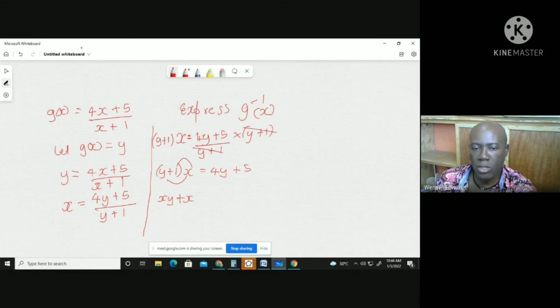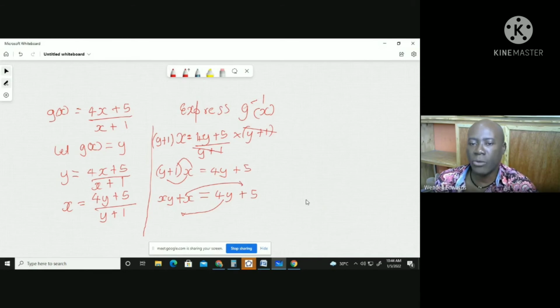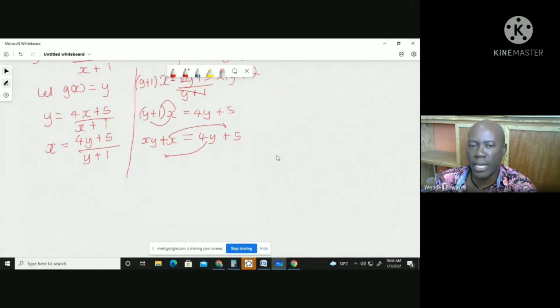And this is equal to 4y plus 5. What I want to do here is just to gather the y's together. It's up to you, but I want to get the y's on the left side. So this is going to migrate to this side, and this x will go on that side, so we would have to do the inverse operation to get them over there.